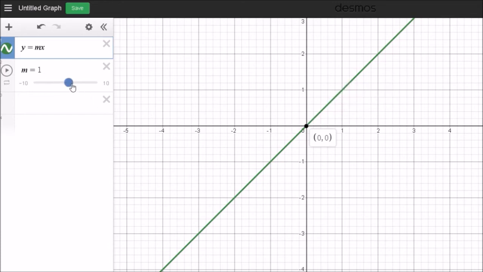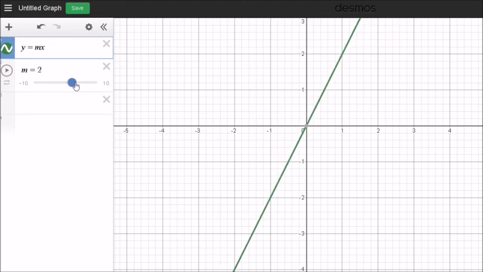So if I was to change this for a value of 2, you'd see here that as we worked along, our x coordinate would be a value of 1 and our y coordinate would be a value of 2. So that's all. Let's press play on this and I'll see you in the next video.